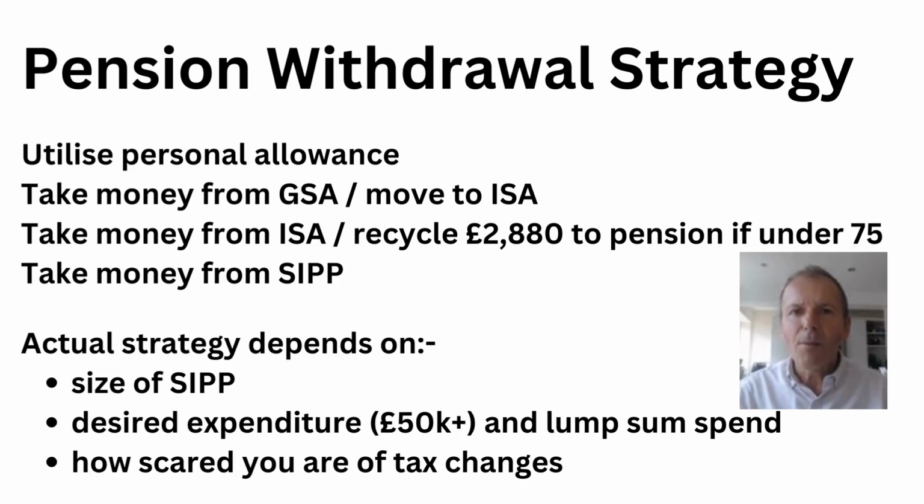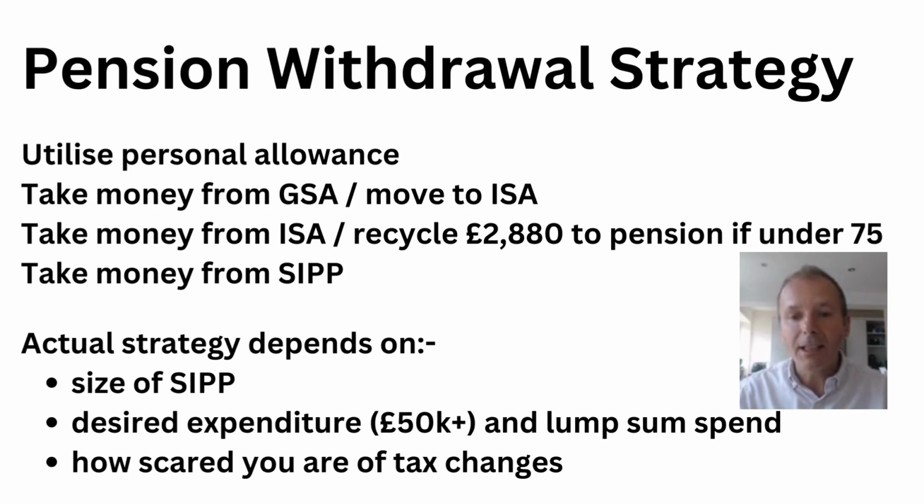So a typical pension withdrawal strategy would be to, first of all, utilize your personal allowance, maybe from a state pension, then take money from a general savings account and possibly move money from that GSA into an ISA because the latter is tax-free. Then, if that's exhausted, take money from your ISA, possibly recycling up to £2,880 into a pension if you're under 75.